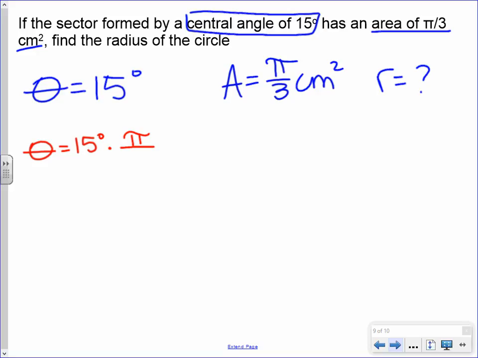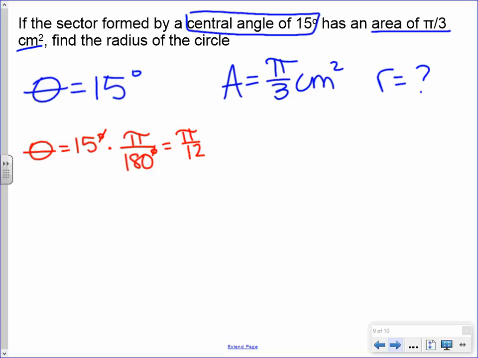So how many degrees is the same as pi radians? 180. So if we multiply by pi over 180, we're not changing the value because it's like 1. The degrees cancel. And 15 over 180 reduces down to 1/12. So we have pi over 12.